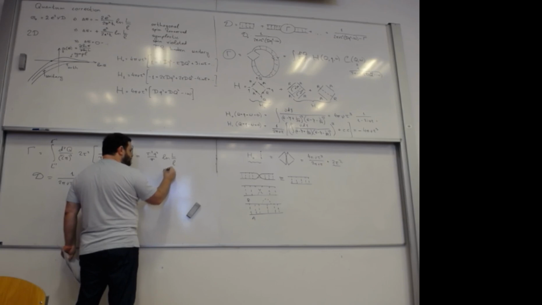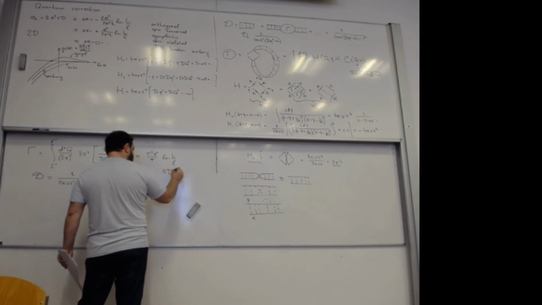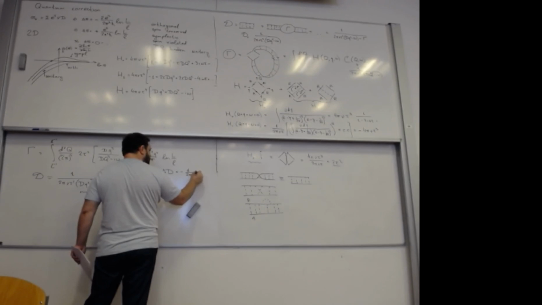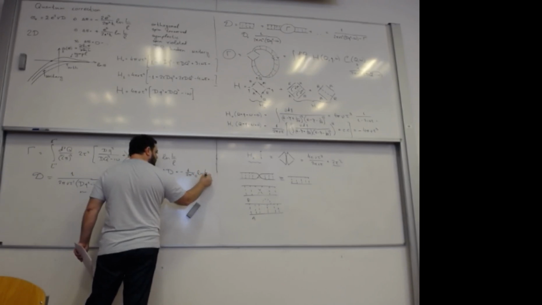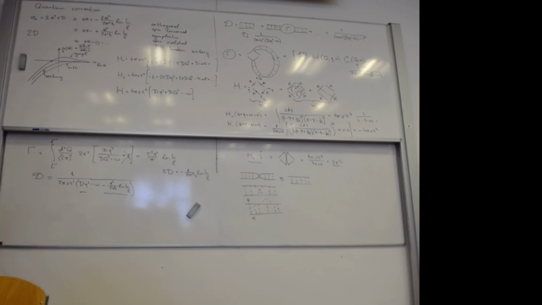There is a correction to the diffusion constant, delta D, which is minus 1 over 2 pi squared mu logarithm a over a.